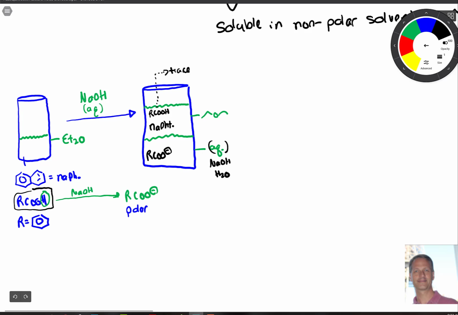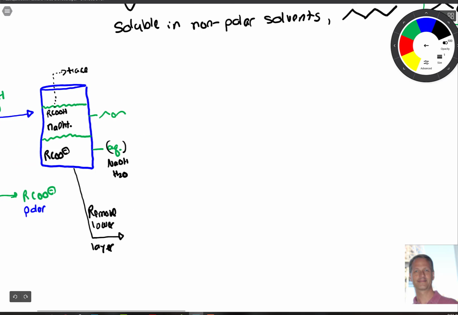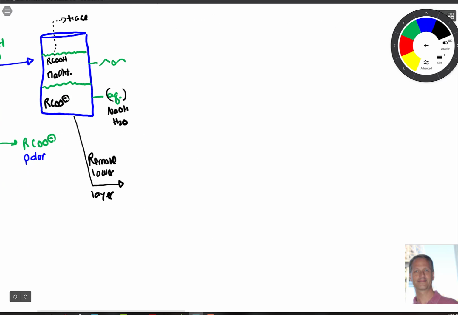Now, the technique involves us sticking a pipette in here and pipetting out the lower layer. So as we do that, we're going to come down here and we're going to remove the lower layer. Okay, so that's the technique part where you've got to get your pipette and you just slurp it up essentially there.